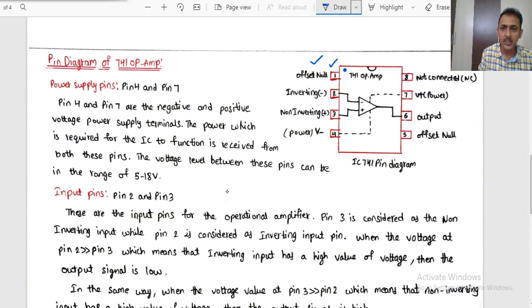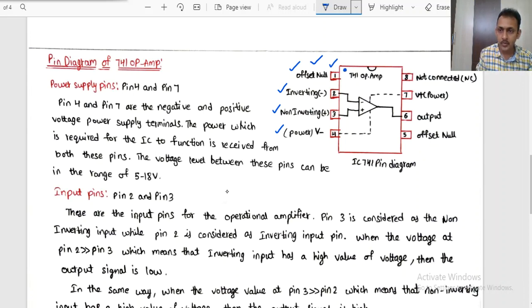Out of those, the first pin is called the offset or null pin, and the second pin is the inverting terminal, the third is the non-inverting terminal, and the fourth is the negative of the power supply, the supply that is required to drive this IC, the operational amplifier. The negative of the power supply will be connected to the fourth pin.